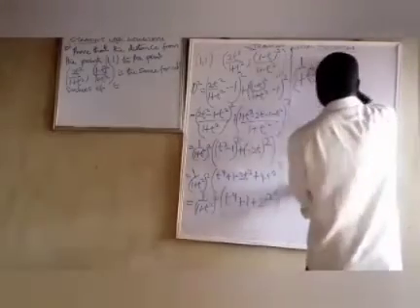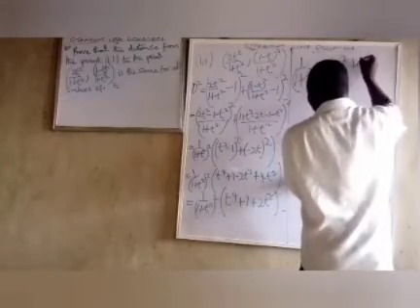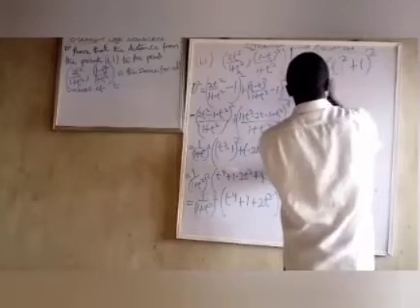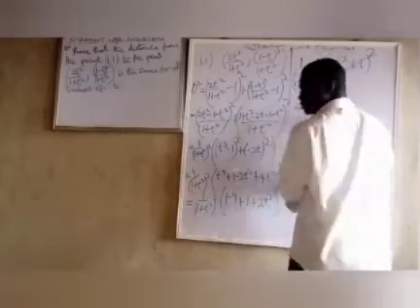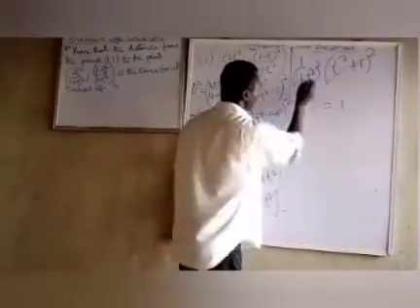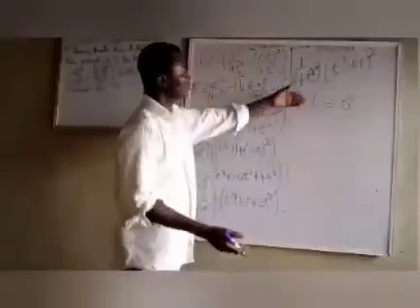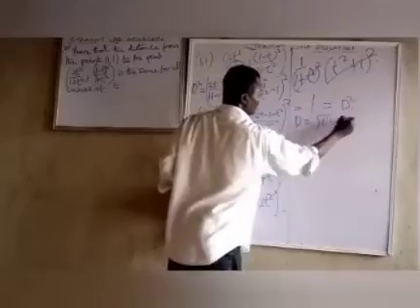And if I factorize this one, it's going to give me t squared plus 1 all squared. So on cancelling, I have this one to be equal to 1, which is d squared. So d is equal to root of 1, which is 1.